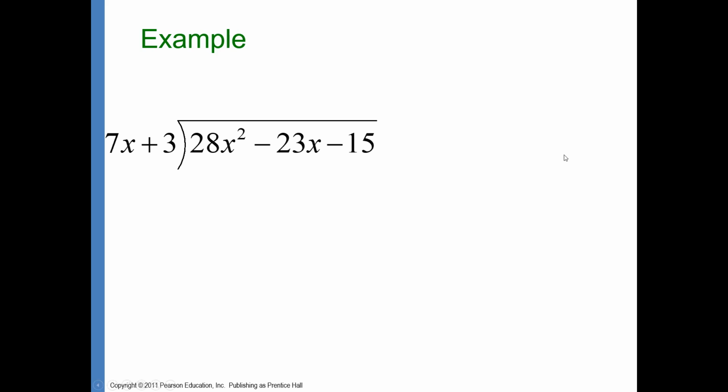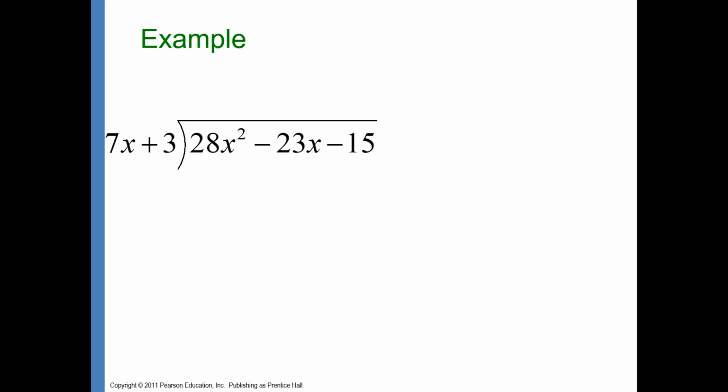So what do you think we're going to do? How many times does 7x plus 3 go into 28x squared? What are we dividing into what here? This is a little different than with numbers, because with numbers we would have asked how many times this goes into the first thing that it divides evenly into.